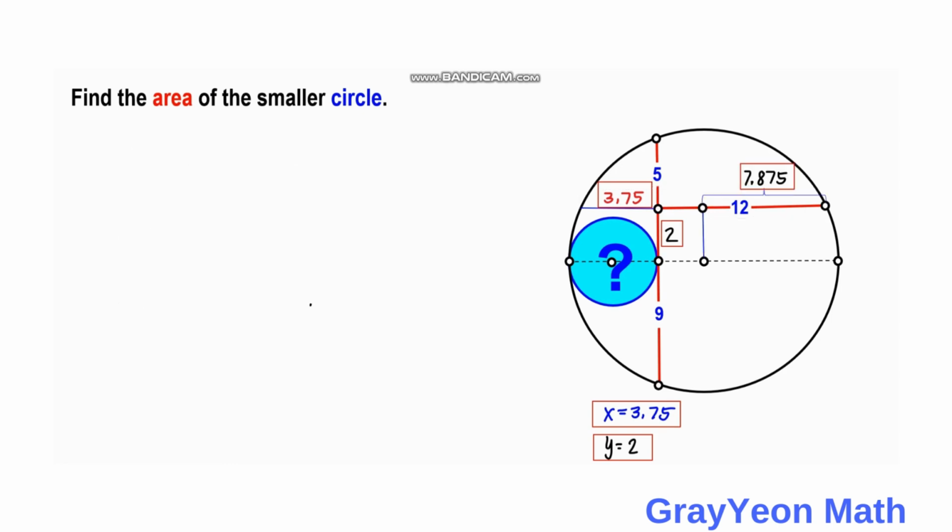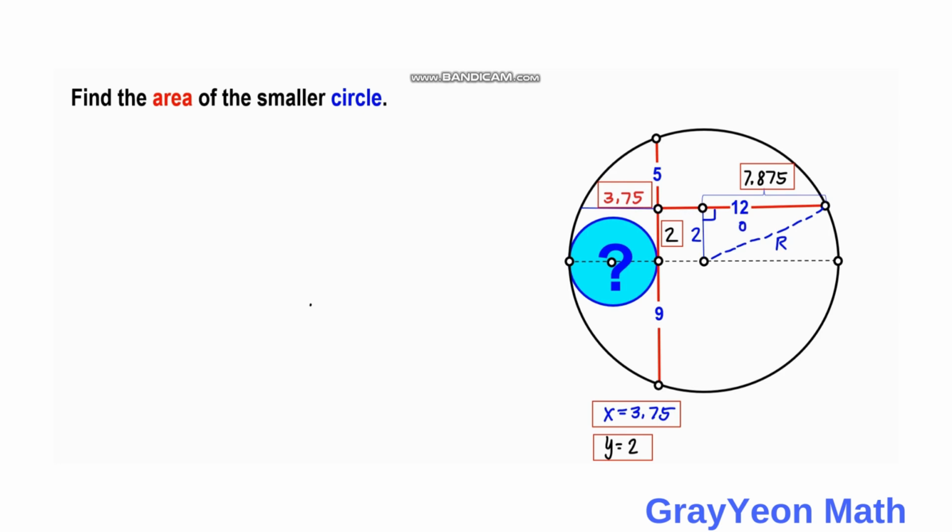Okay, so next we draw the radius from this point to the center, and we form this right triangle. Since this length is 2, this length is also 2. And we can get the length of the radius. Let's call this a big letter R. It is simply got by the Pythagorean theorem.